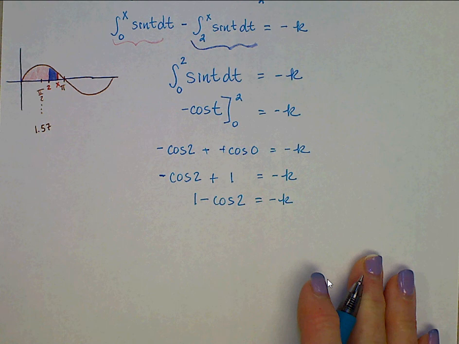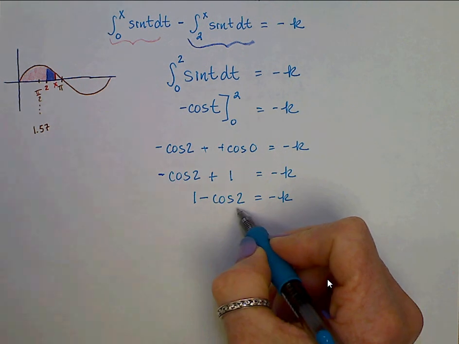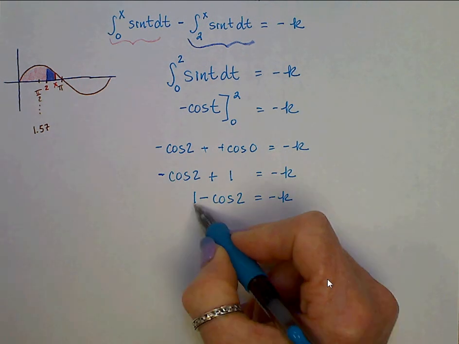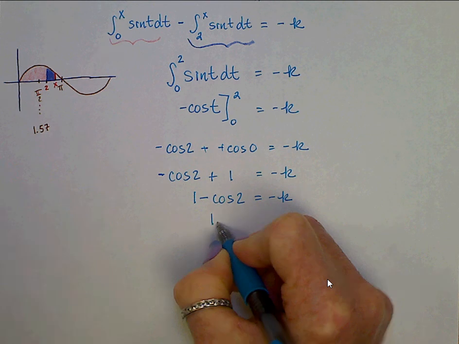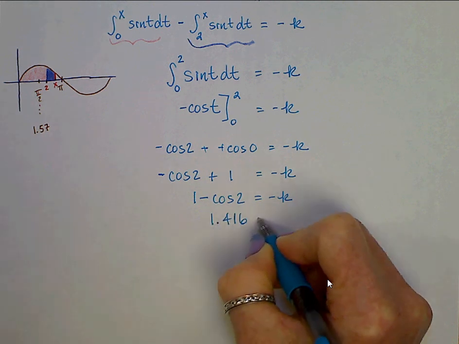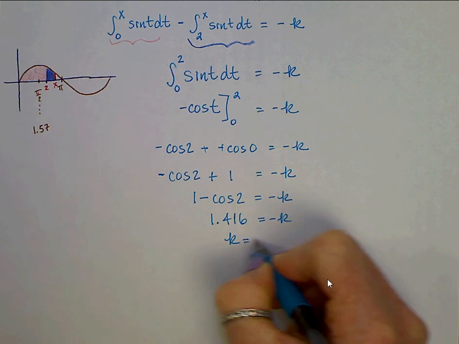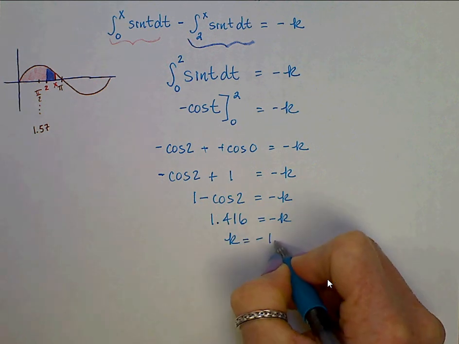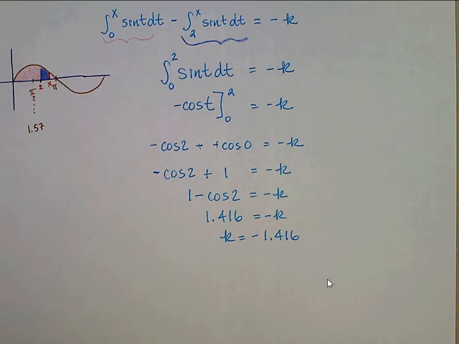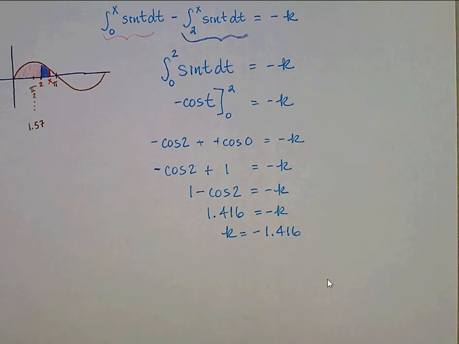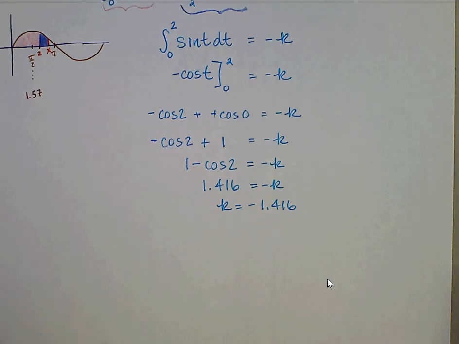And if you zap this in your calculator, making sure your calculator is set in radians, this comes out to be 1.416 is the opposite of k. So k is negative 1.416. Done.